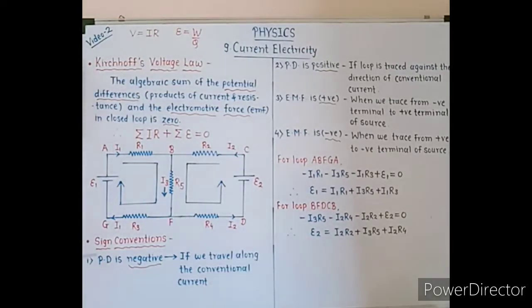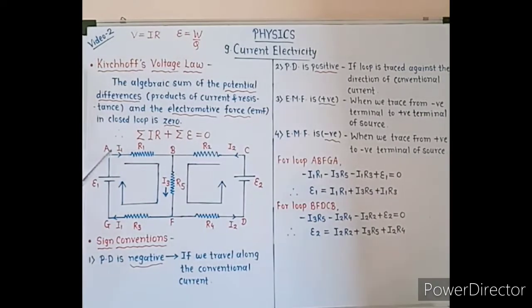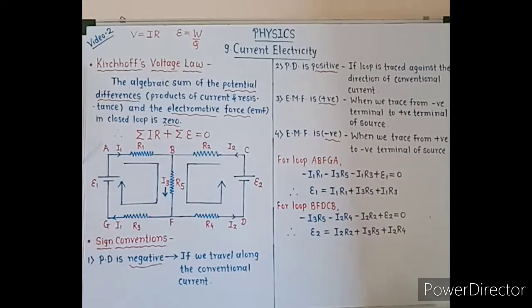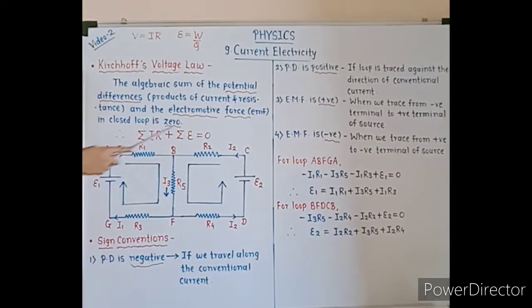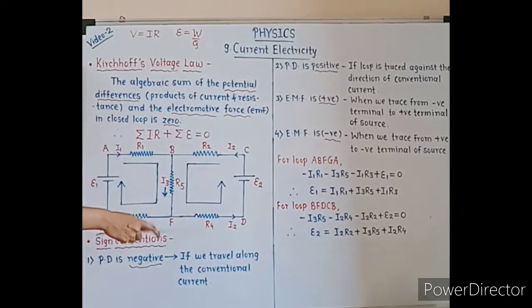So the first sign convention: potential difference is negative. For this sign convention, consider this figure. There are two loops. The first loop is A, B, F, G, A, and the second loop is B, F, D, C, B. Here R1, R2, R3, R4 and R5 are resistances.